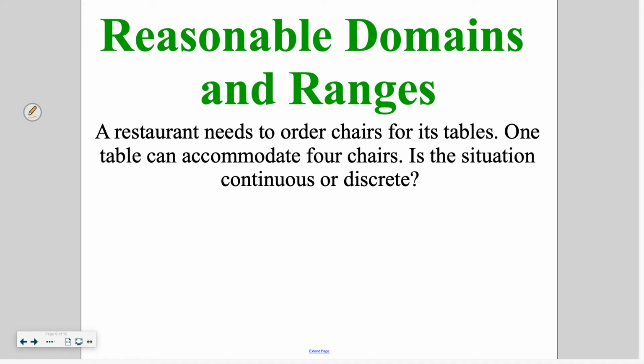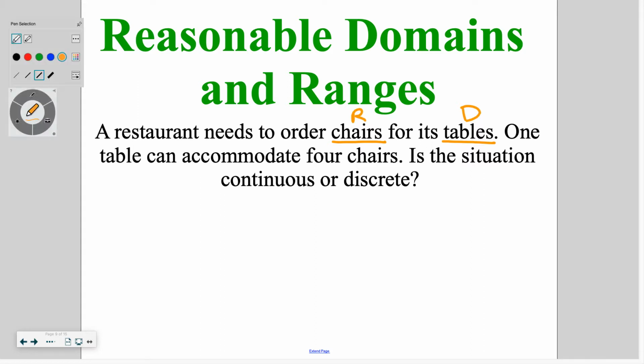In this case, our domain is going to be the tables. The restaurant is going to have to pick out how many tables it wants, and then once it makes that decision, the range, the chairs, is going to be a result of that. They don't buy the chairs first and then fill in the tables. They buy the tables and then they fill it in with chairs. So whatever you're picking, whatever is determining the situation is that domain.